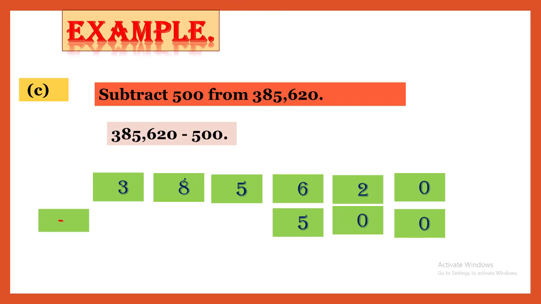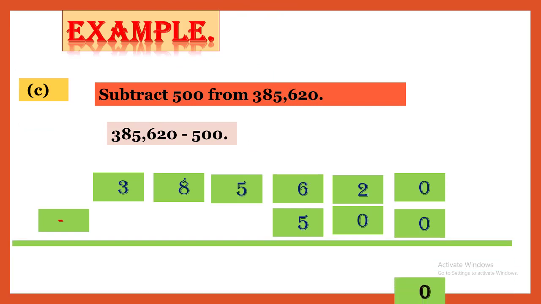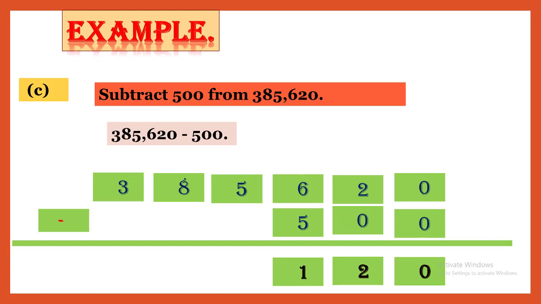Our next example, start from right. 0 minus 0. It will be 0. Look at the next column. 2 minus 0 is equal to 2. The next column is 6 minus 5 is equal to 1. Here nothing to be subtracted from 5, so we write 5 here. In the next column, nothing to be subtracted from 8, so we write 8 here.